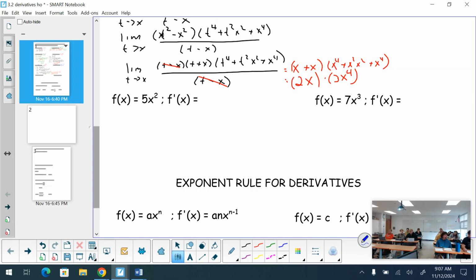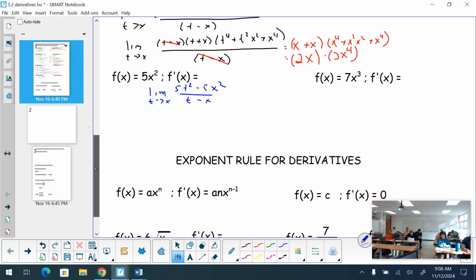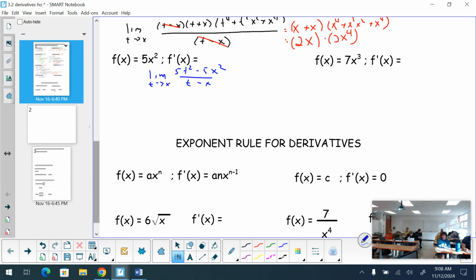If we go back to the definition, we have the limit as t is approaching x of f of t, 5x, oopsie, 5t squared minus 5x squared over t minus x. I can factor 5 out of each term on the top. So we have 5 times t squared minus x squared over t minus x.